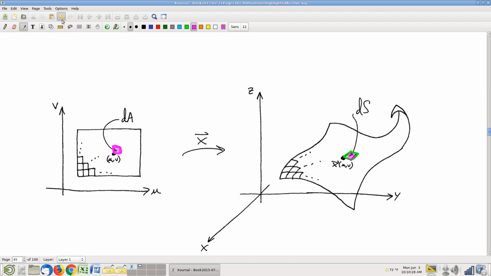I forgot to change the color. There we go. Clearly different. Because this parameterization, I mean, it's not just going to gently pick up my rectangle and place it into space. It's going to bend it around and stretch it and contort it and all sorts of rough things that's going to happen, right? So I need to figure out what is the factor by which areas get stretched here. This area is what times that area? Just like we did with change of variables.